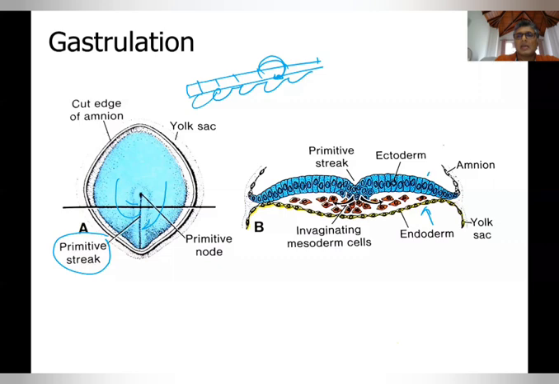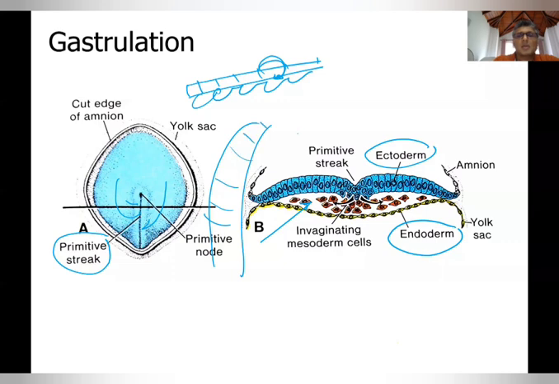Cells from here migrate in through this to lie between the 2 layers. This is the lower layer, this is the upper layer. They produce a 3rd layer between the epiblast and the hypoblast, which gives rise to the mesoderm. Now epiblast is called ectoderm, hypoblast is called endoderm, and the middle one that is formed is called mesoderm. It is the embryonic mesoderm. The previously outside one was extra embryonic mesoderm.